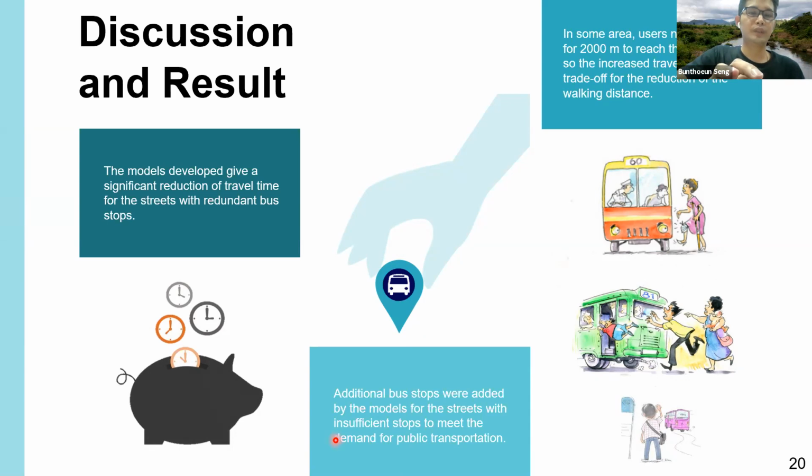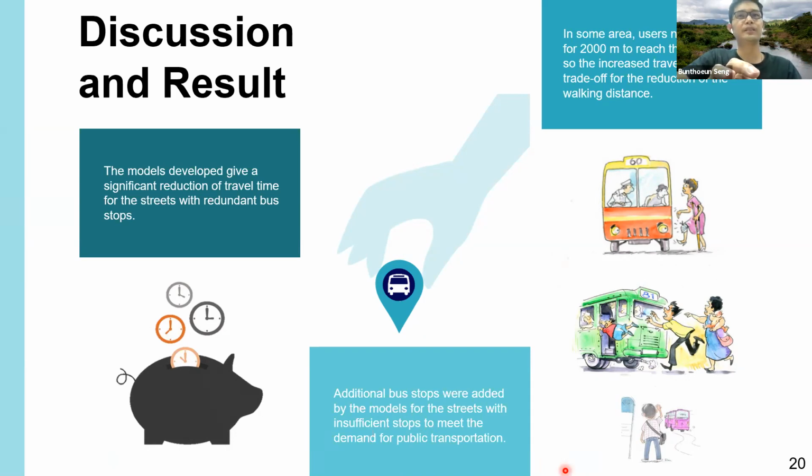And additional bus stops were also added by the model for the street which has inefficient bus stops. So this means that it will lead to an increase of the travel times.